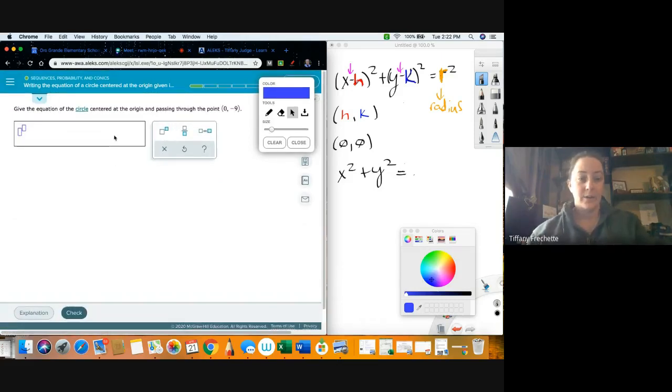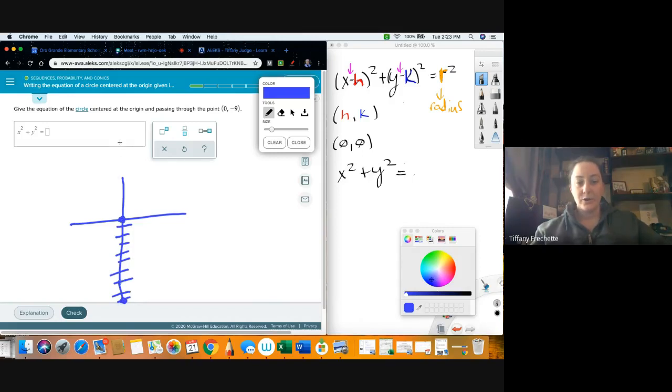So I already know I'm going to start typing in a few pieces here. I know I have x squared plus y squared, because it's at the origin. So I'm not going to have minus a number, minus a number. I'm just going to have x squared and y squared. And that's going to equal, I just need to know what my radius is. Even though this is negative 9, what it means is it's 9 units below. That's the point they're focusing on. So here's my center, and they're focusing on this point here.